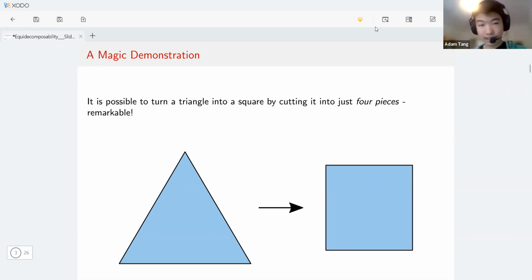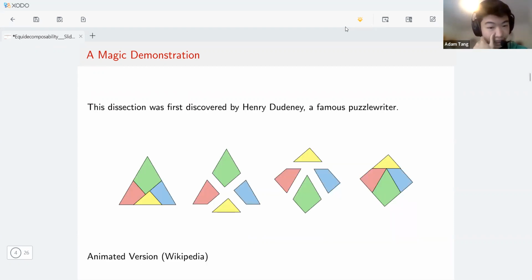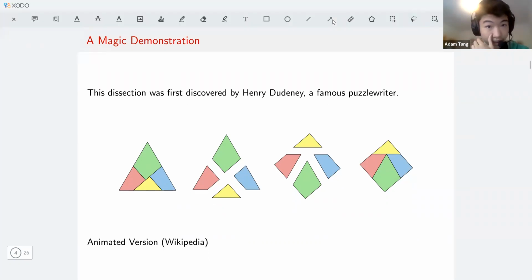But this guy called Henry Dudeney proposed this dissection in which we can turn this triangle, an equilateral triangle, divide it into 4 pieces and get a square. Now let's just go through a couple details here. First of all, note that each of these pieces has a right angle.